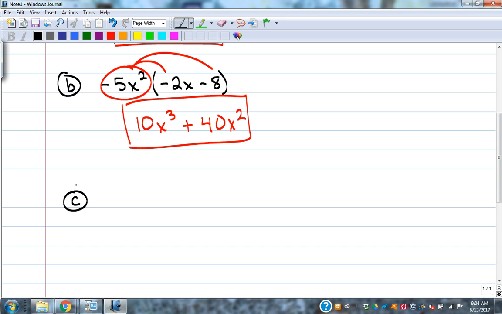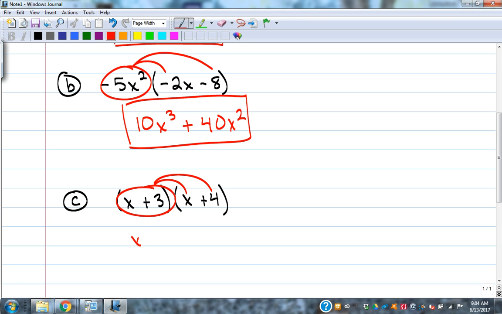Even when there's more than one thing in front, like this problem, (x plus 3) times (x plus 4). I used to teach a thing called FOIL method. I don't do that much anymore just because you know how to do distributive property. That's really what this is. You're distributing this whole thing to both pieces.